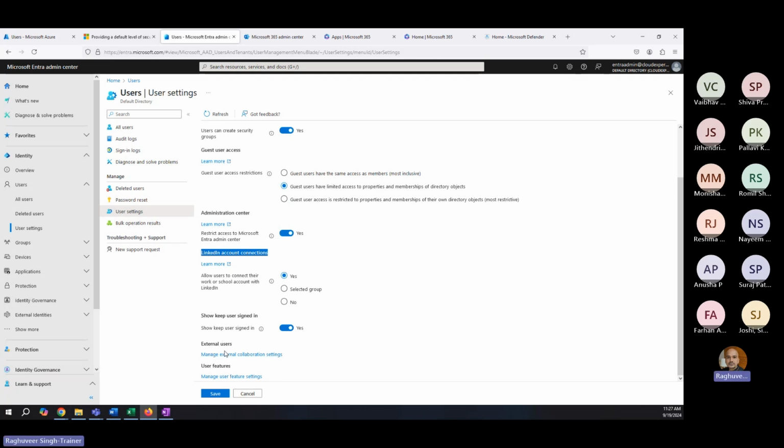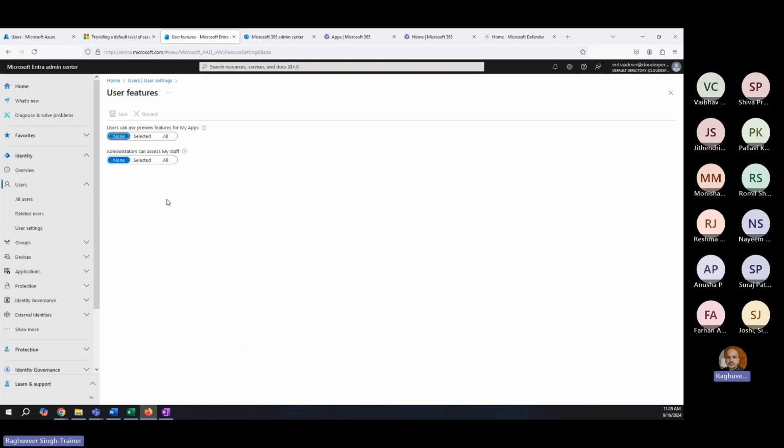Then comes external user once again. But before we go to external users, first see user features. So manage user features here. It says users can preview features of my apps. None, selected, all. So when you grant a user access to an application, and if there are capabilities which are in preview, do you want those preview capabilities to be shown to the users?